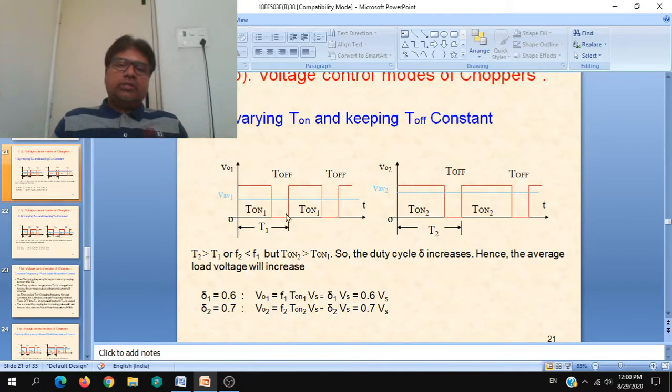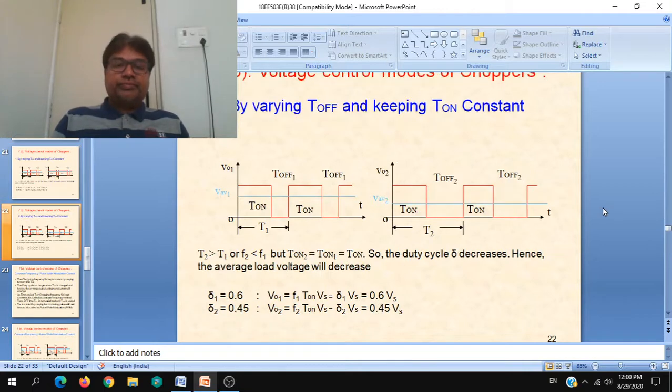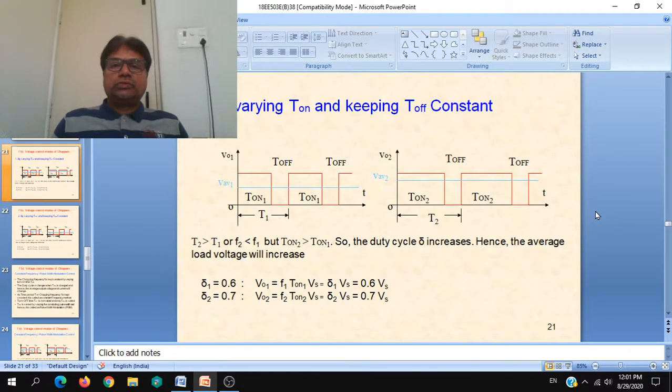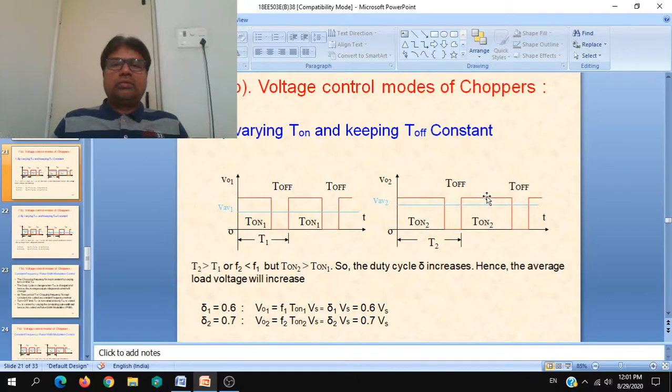When you compare these two figures, okay, this is for frequency modulation only. Alright. For frequency modulation, just consider these two cases.